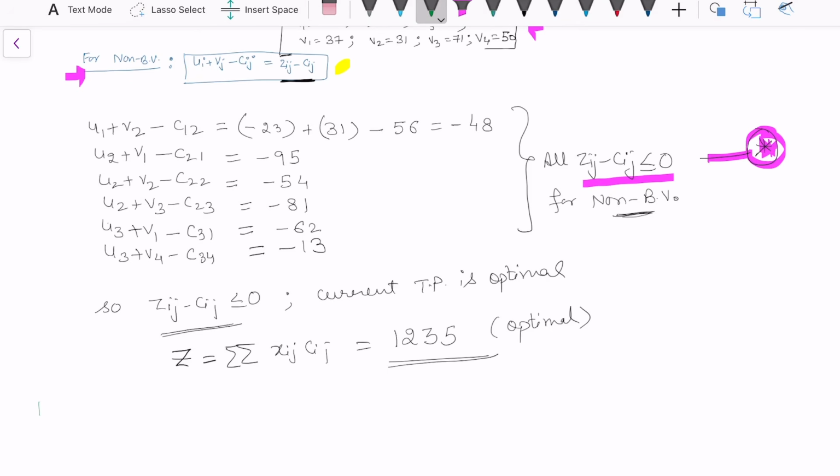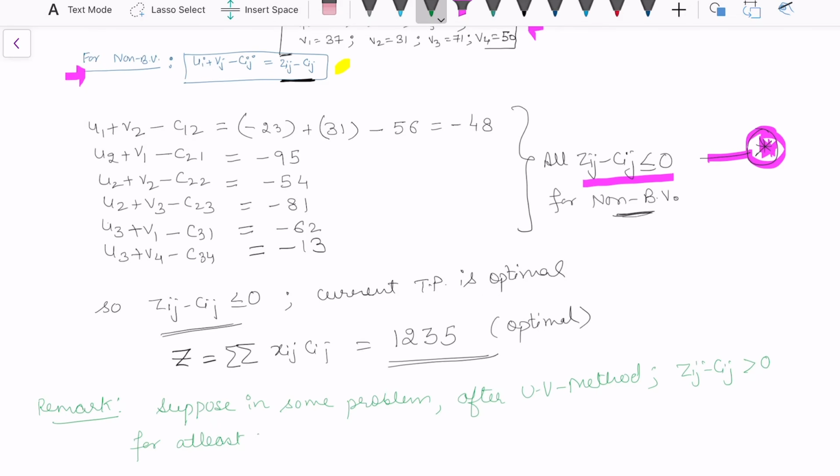And here I have to put a remark. Suppose in some problem, after applying the UV method, we calculate Zij minus Cij, and this turns out to be positive for at least one variable.